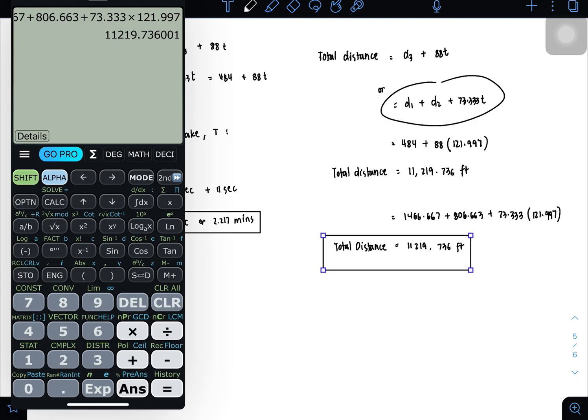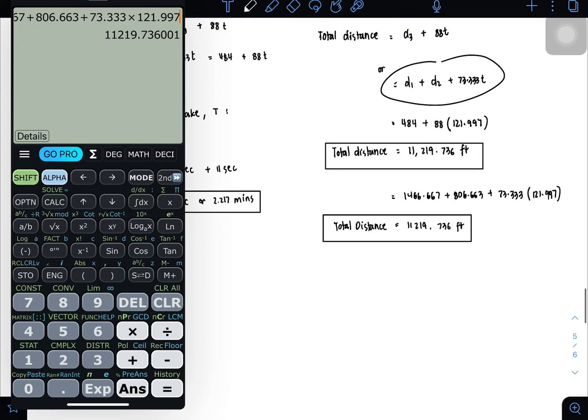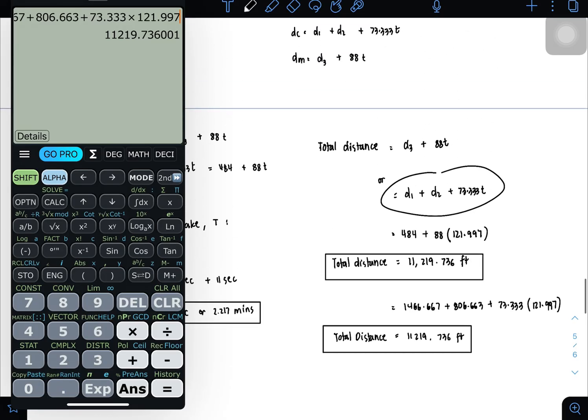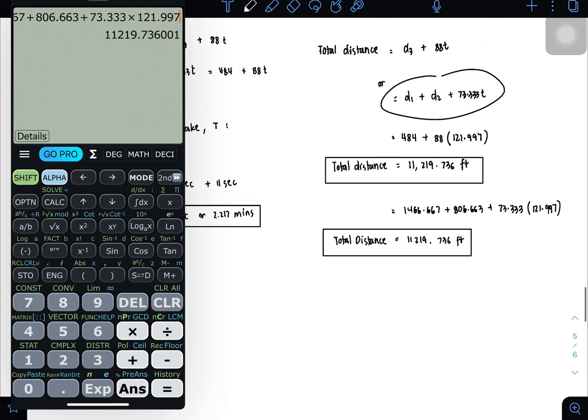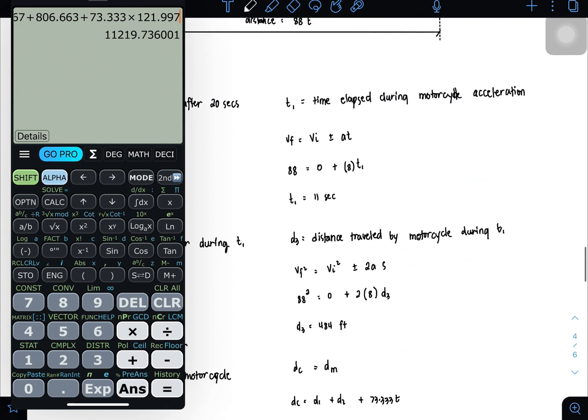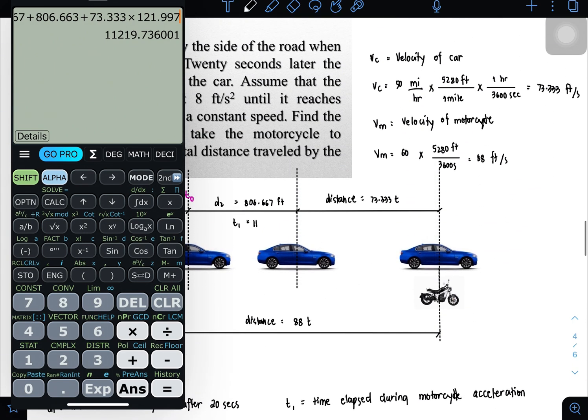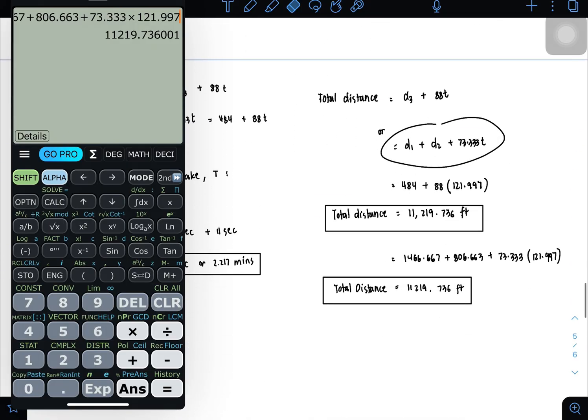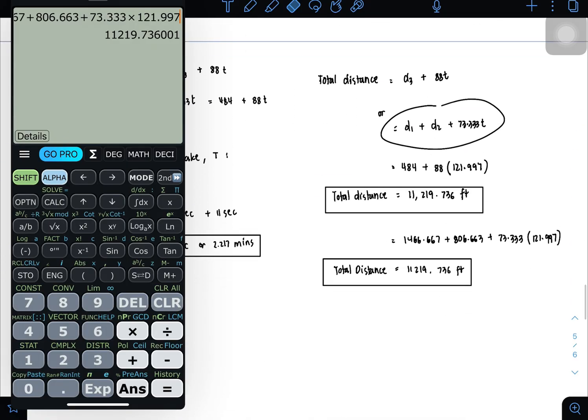So if you're not comfortable using the distance in feet, then you may also convert that to miles. In 1 mile, what is the equivalent in feet? Okay, so let's just convert.